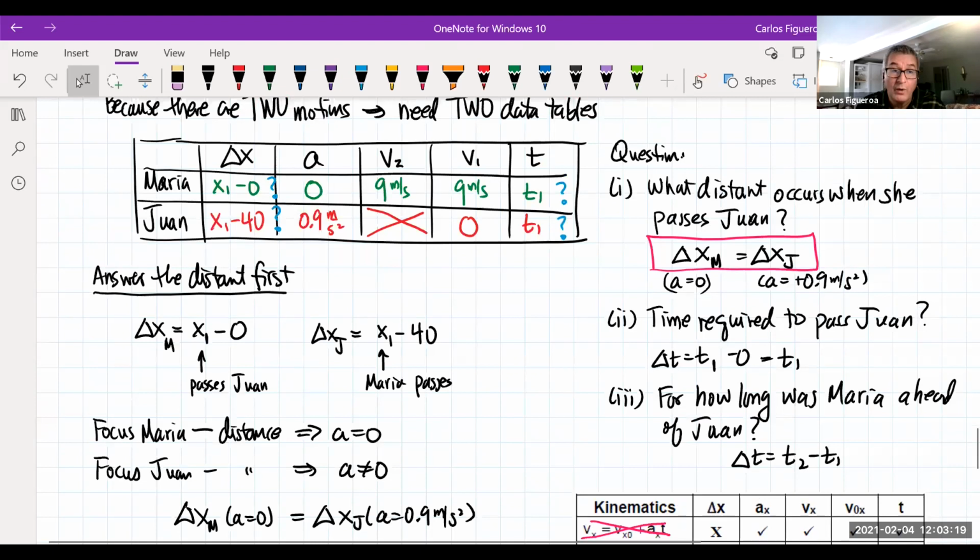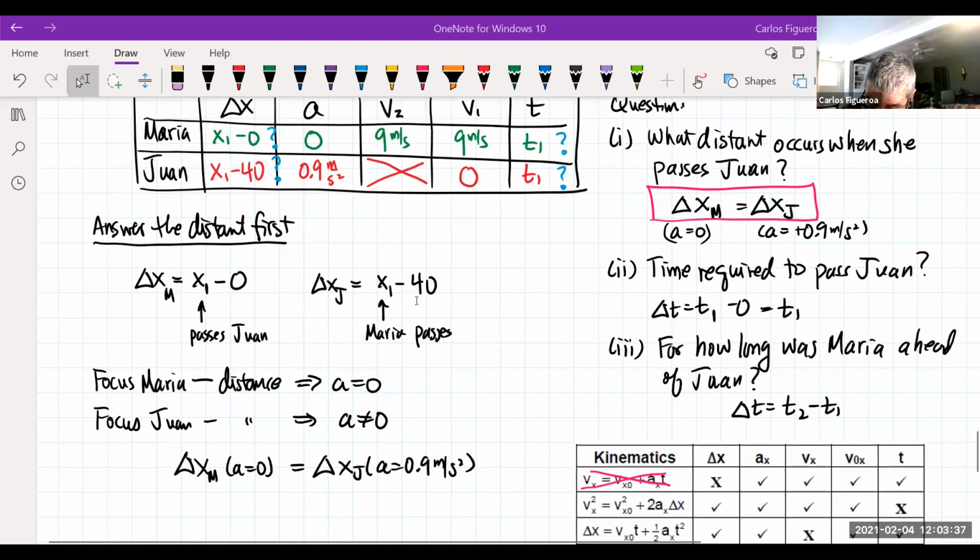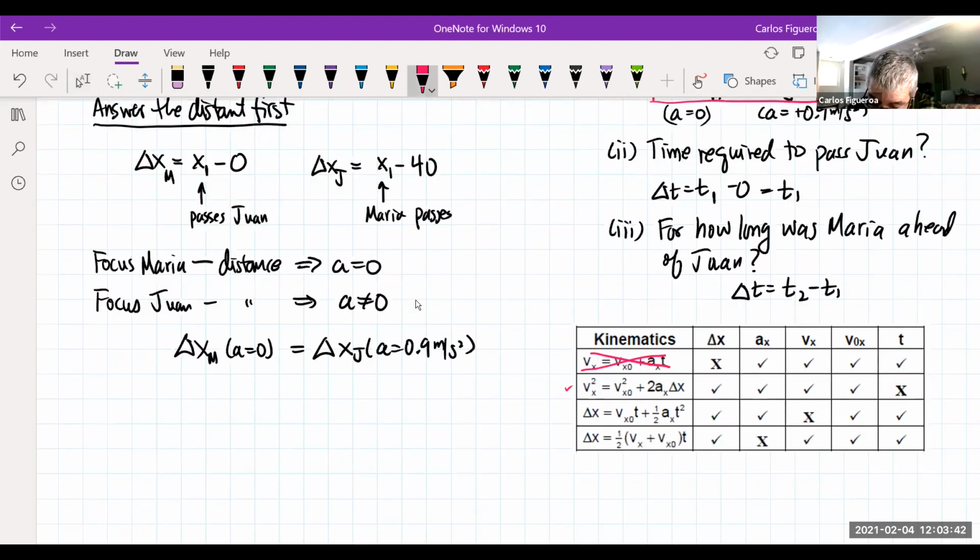So how do I write Maria's equation? Well, I do know that the distances are going to occur at the same time. So for Maria, I could use this equation, this equation, this equation, because this one doesn't have time.